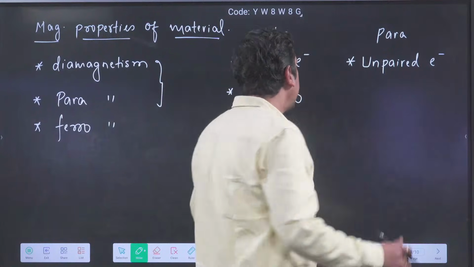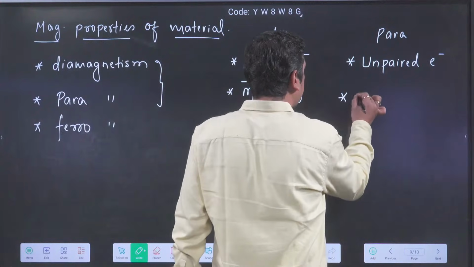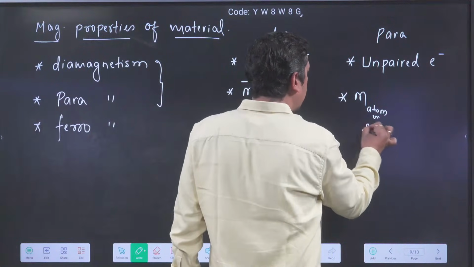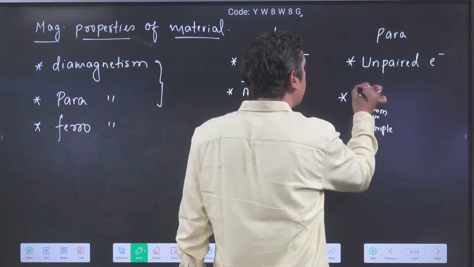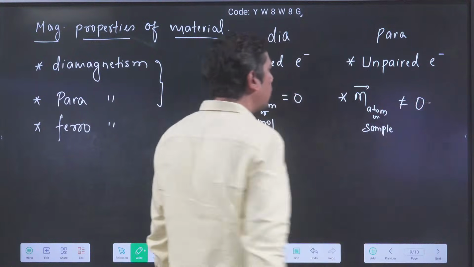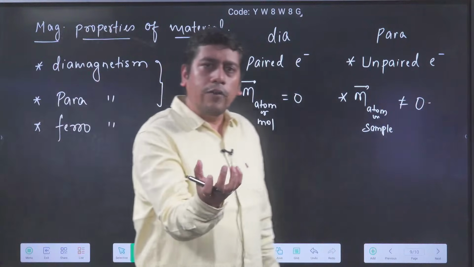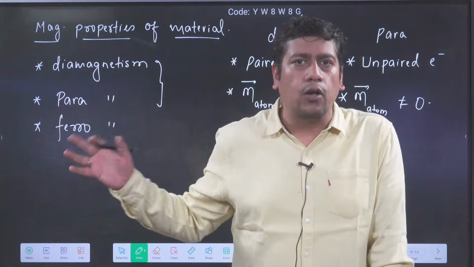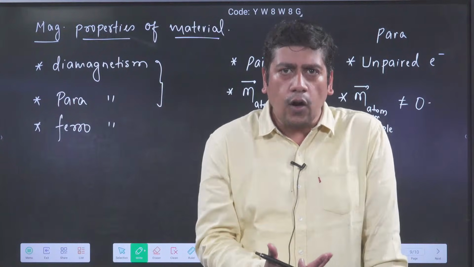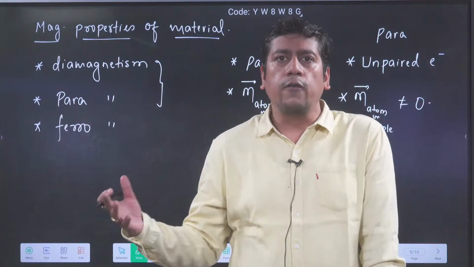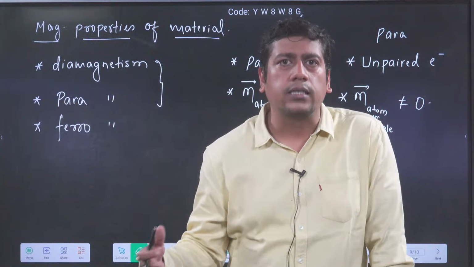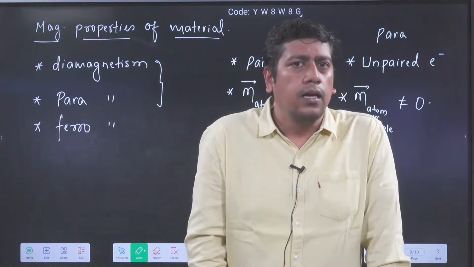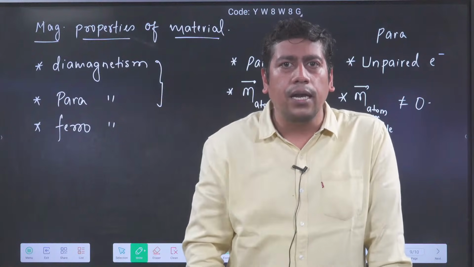Okay, but here we have unpaired electrons. So here the atom or sample m vector will be non-zero, due to the core one will get cancelled. Please understand. Unpaired electrons, that means the outermost valence electrons, are going to be unpaired, right? If I talk about core electrons, like if the electronic configuration goes like this, 1s2, 2s2, 2p6, something like this, 3s2, 3p3, then this 3p3 are the only unpaired electrons.